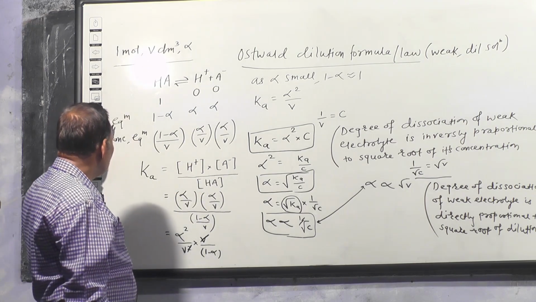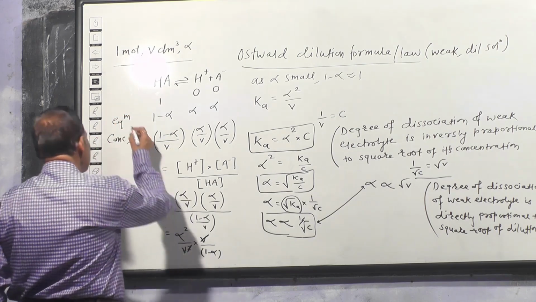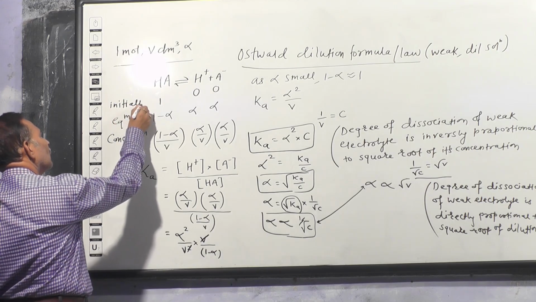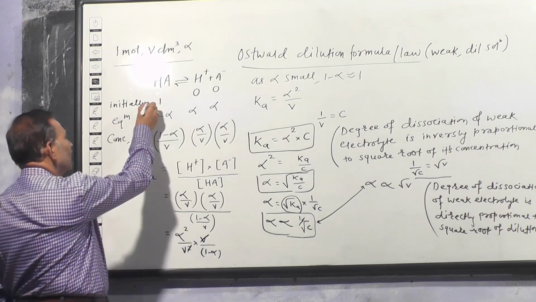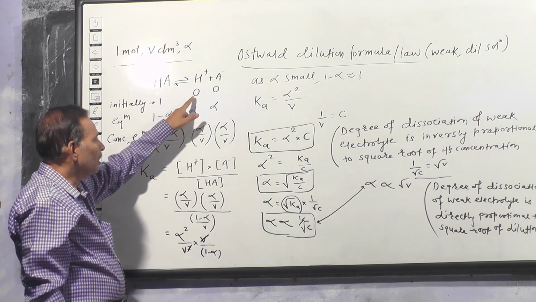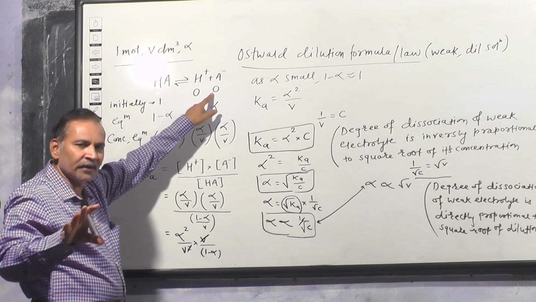This is the initial condition. Initially, we have 1 mole of electrolyte HA. No dissociation has started yet, so 0 H plus and 0 A minus.